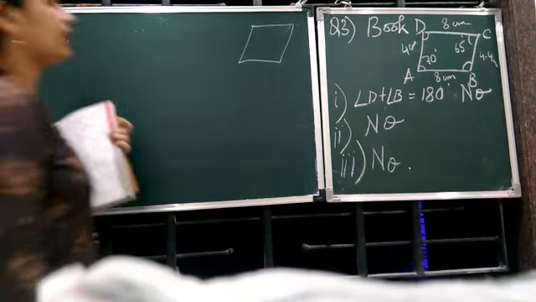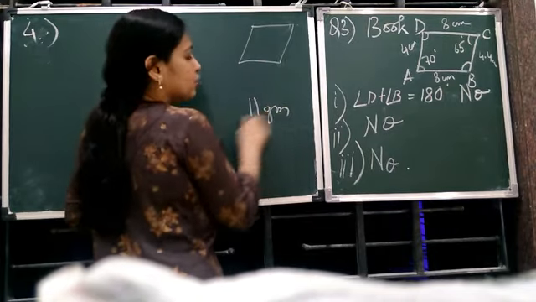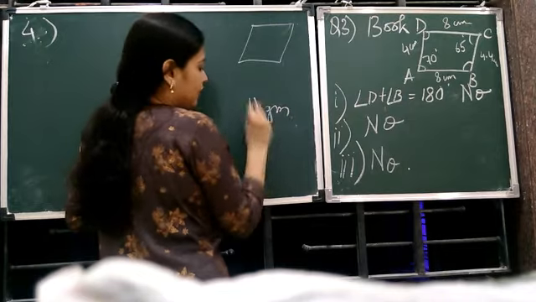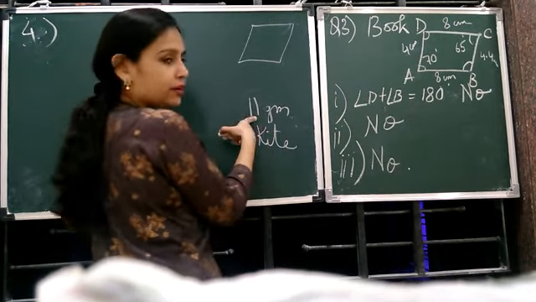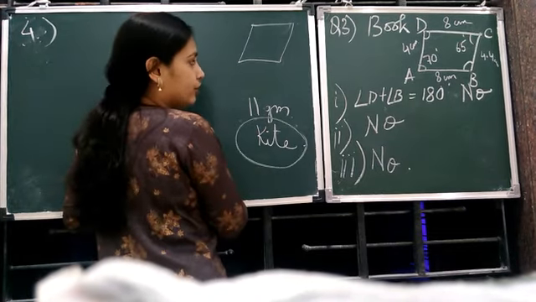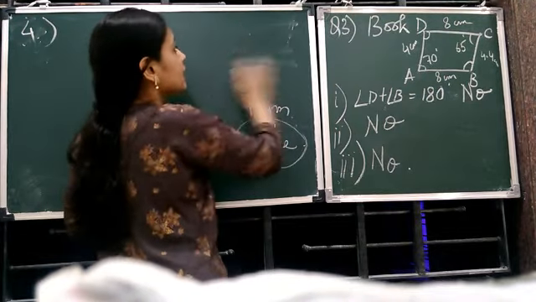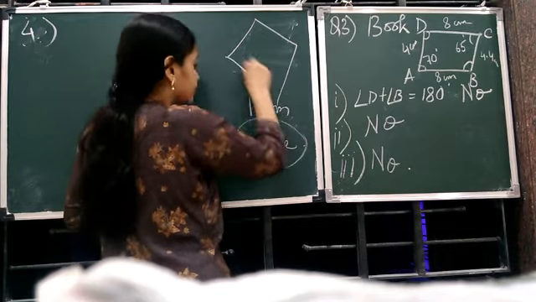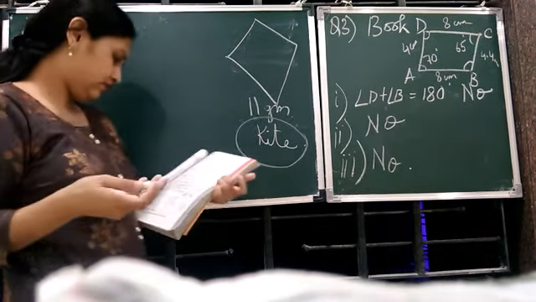So in a quadrilateral, how many types have we studied? We studied a parallelogram, the short form of parallel lines.